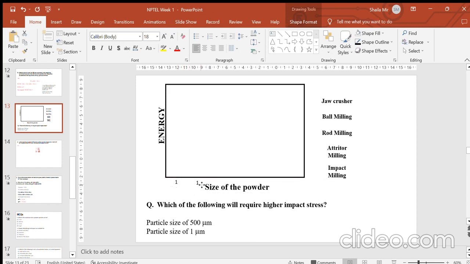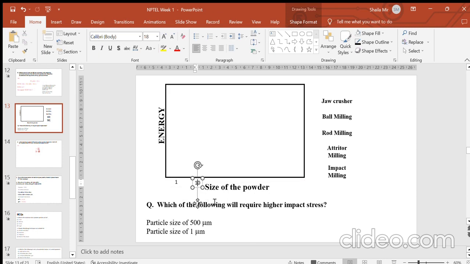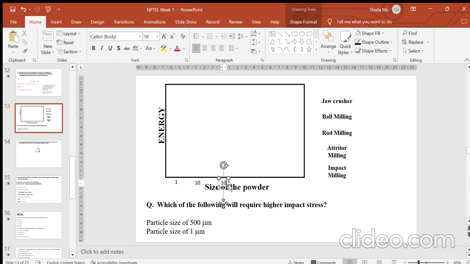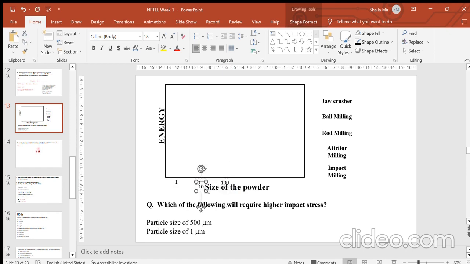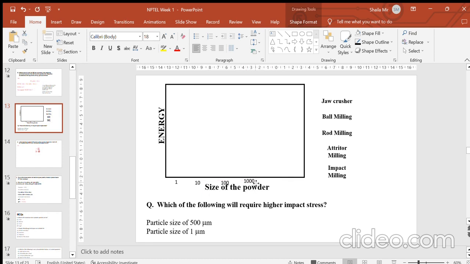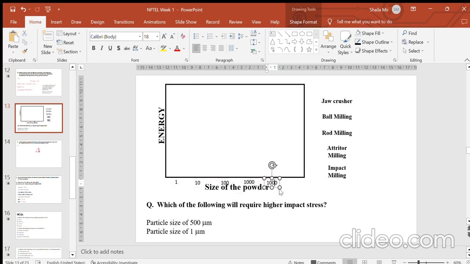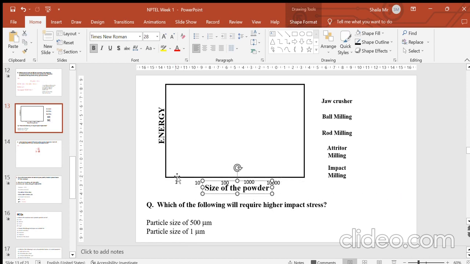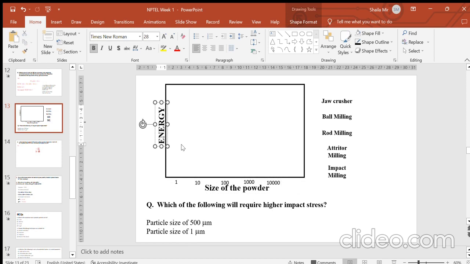right? So first, I'll just put a scale for the size of the powder. So for example, this is 1 micrometer, 1 unit. We will not define the units. We'll go for 1 unit, we'll say 10 units, 100 units, like that.